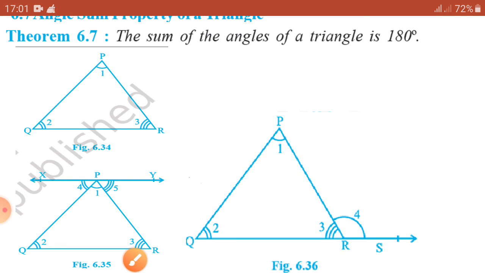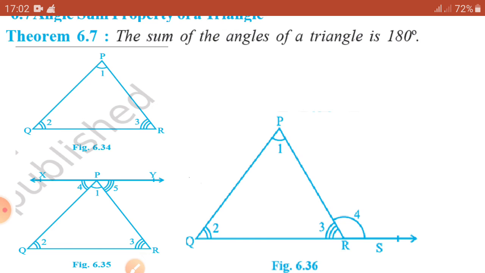Okay, here in this figure, look at this figure, figure number 6.36. Here we are extending QR line to S. So here the exterior angle is angle 4. Okay, you can see that angle 1, angle 2 and angle 3 equal to 180 degree. Already proved that in a triangle all the interior angles give us 180 degree.